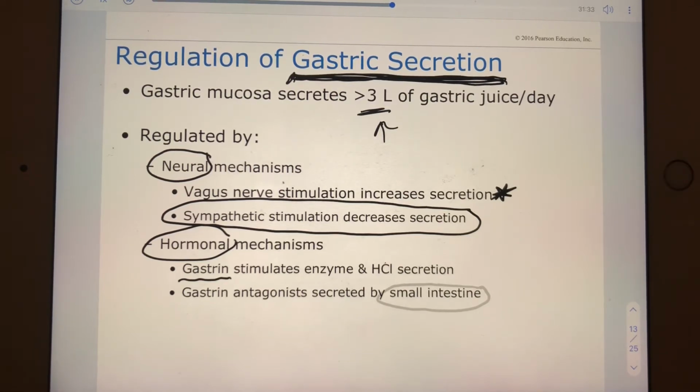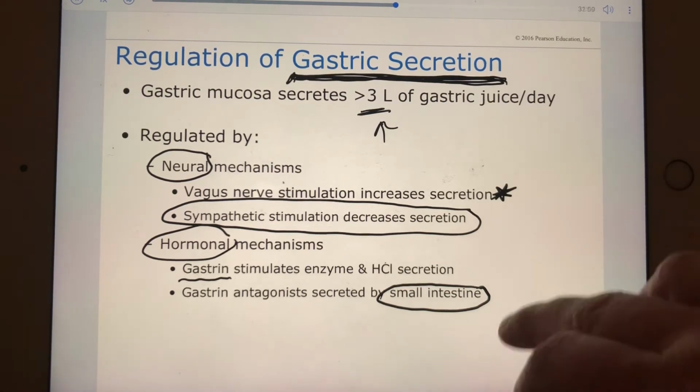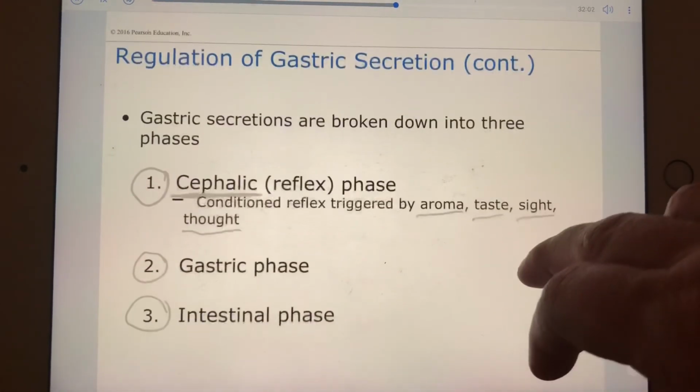In the small intestine, however, we're going to see cell signals being secreted that quiet the stomach, inhibit the stomach, okay? So gastrin stimulates stomach activity. Some small intestinal hormones, which we'll meet when we get there, inhibit stomach activity.